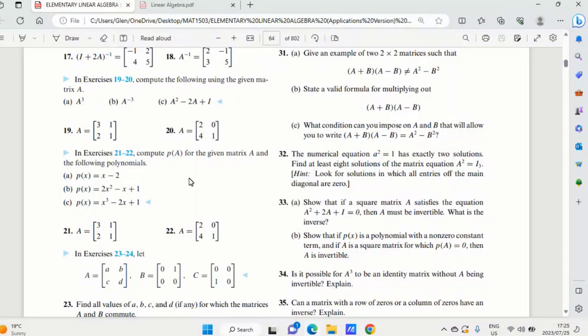Now, they just told us that the answer for 22A is a 2 by 2 matrix with entries 0 and 0 in the first row, and 4 and -1 in the second row.